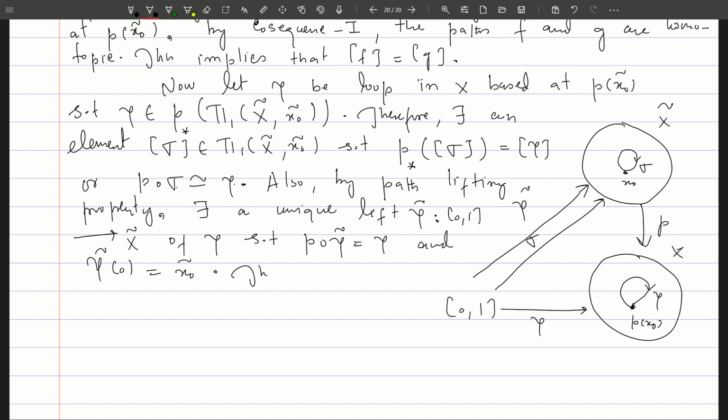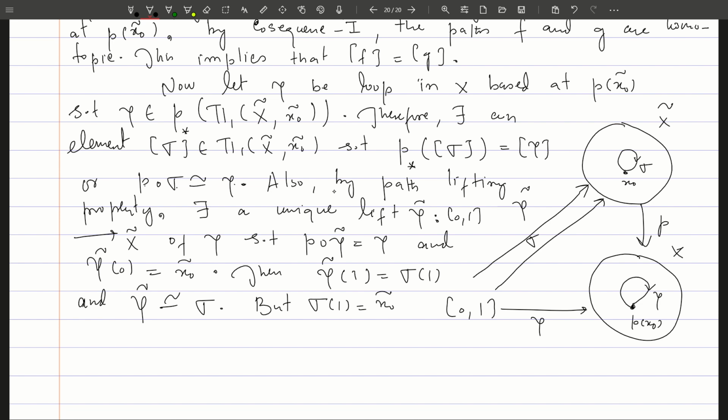So then gamma tilde of 1 will be sigma of 1, which is given to be x naught tilde because sigma is a loop based at x naught tilde.